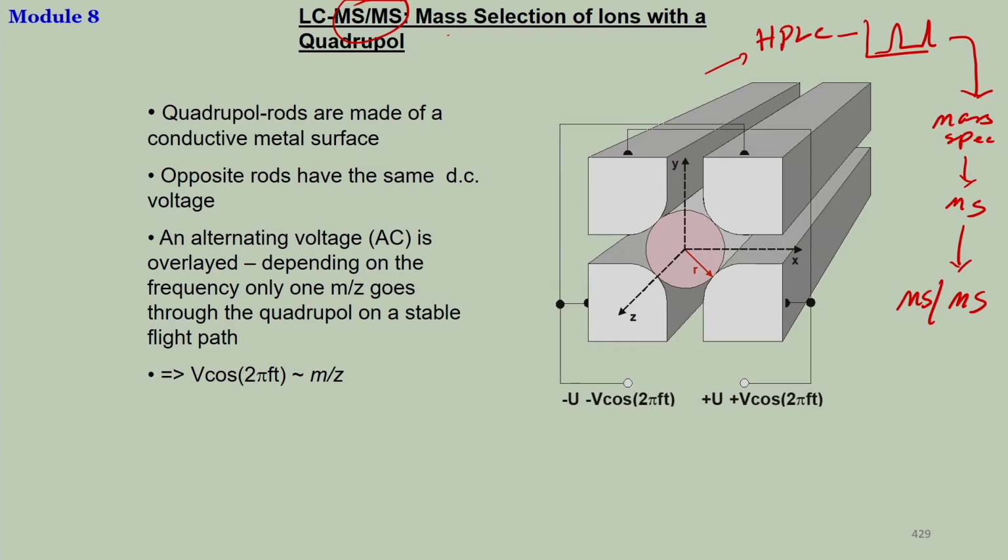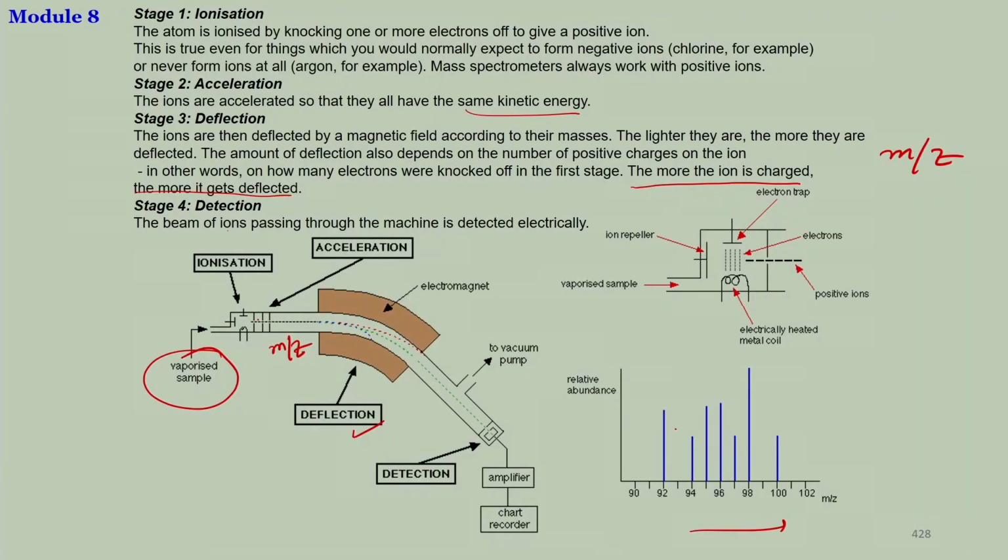Mass selection means that when you measure the normal mass, you can see many spectra or many lines, each of them having a definite mass. Sometimes from here it is very hard to analyze the nature or the structure of your molecule. If you have a predetermined mass, if you know what mass you are supposed to see, then in MS-MS you can select a particular mass, for example 98.